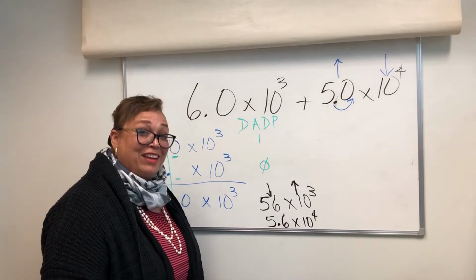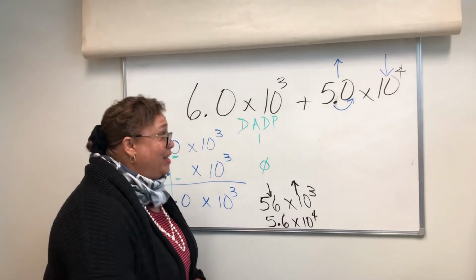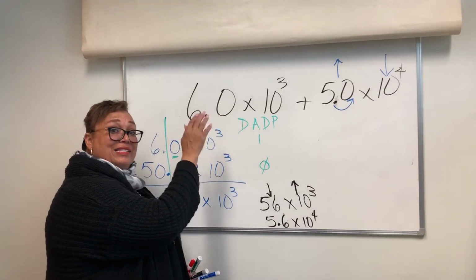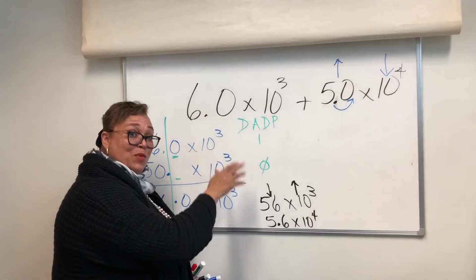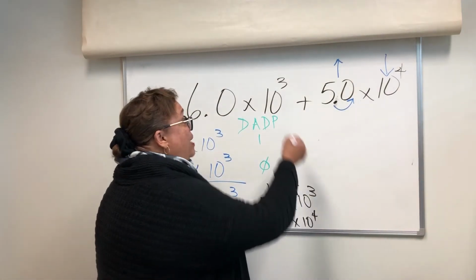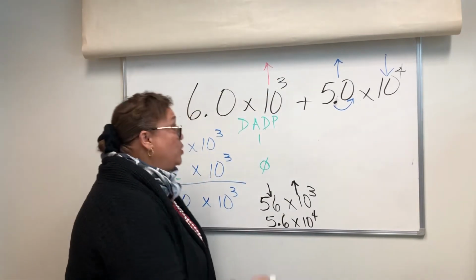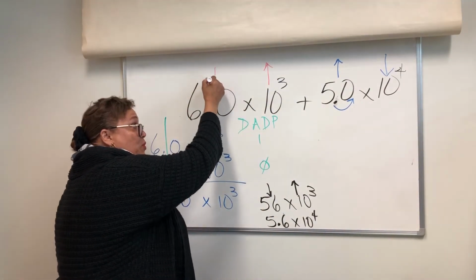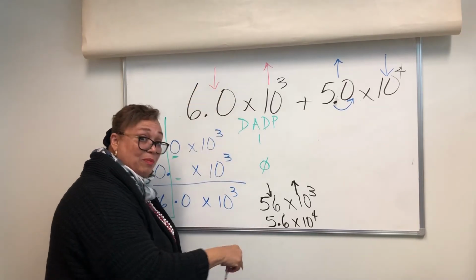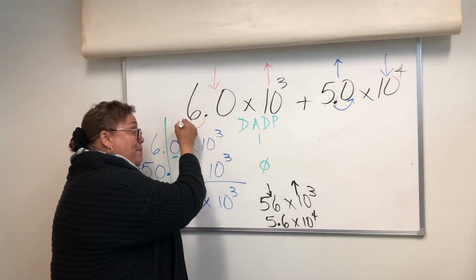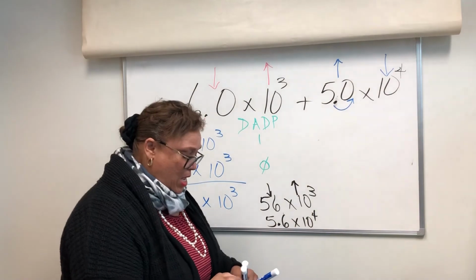All right? Now let's try it a different way. Let's put them both in 10 to the fourth and see what we get. All right, so that means that the power of 10 goes up by a magnitude of 1, which means that the decimal portion goes down by a magnitude of 1, which means I bounce it over one time.